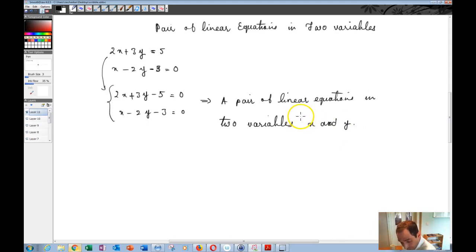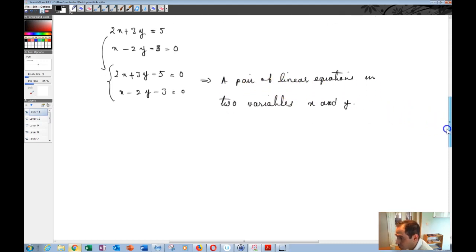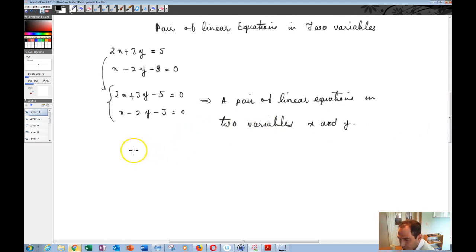What these pairs of linear equations in two variables do for you is give you a way to figure out situations like, for example, let's say you have a number, 36, and let me ask you a question.